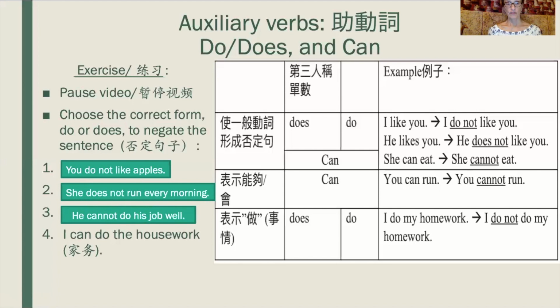So you see, the only time it's a different word is for this he, she, or it does not. Otherwise, everything's the same. I can do the housework. I cannot do the housework. So it's just the do and the does, and this word does just shows up for he, she, and it. Okay, moving on.